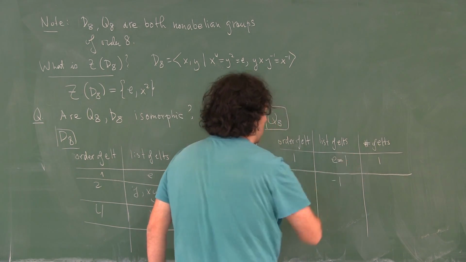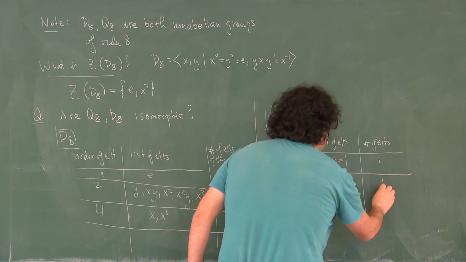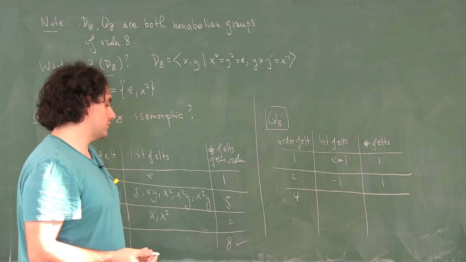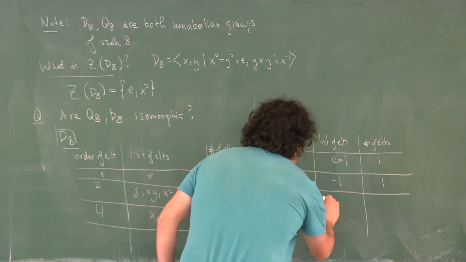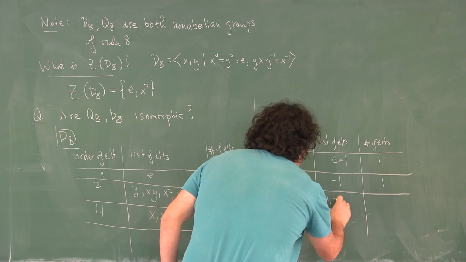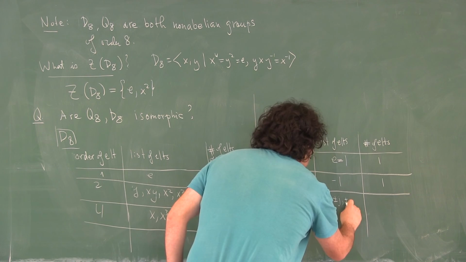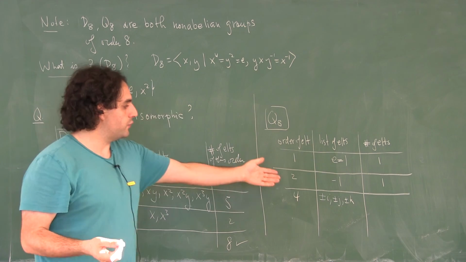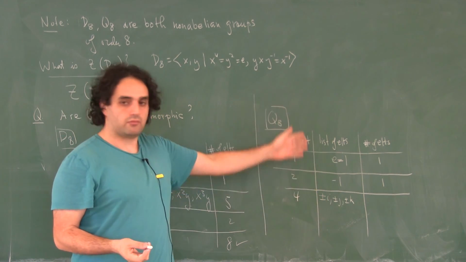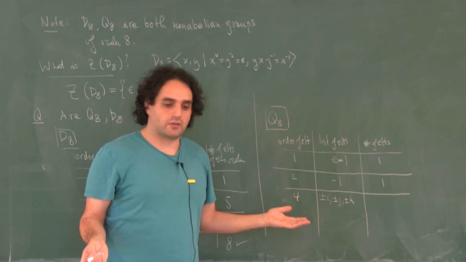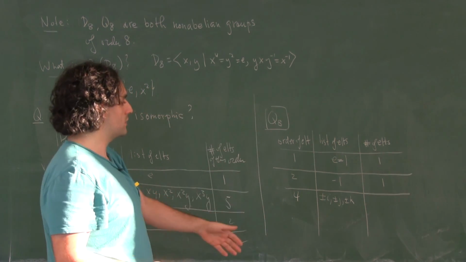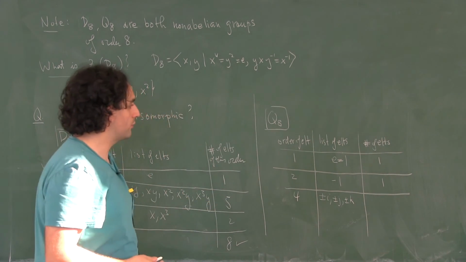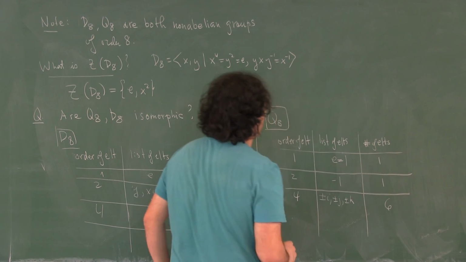So the number of elements is 1. And in this Quaternion group of order 8, there are loads and loads of elements of order 4. Plus or minus i, plus or minus j, and plus or minus k are all elements of order 4. Why? If you square any of these, you get minus 1. Because you get minus 1 and not 1, these are not elements of order 2. If you take the 4th power, you get the square of minus 1, which is 1, so they have order 4. So we have 6 elements of order 4.